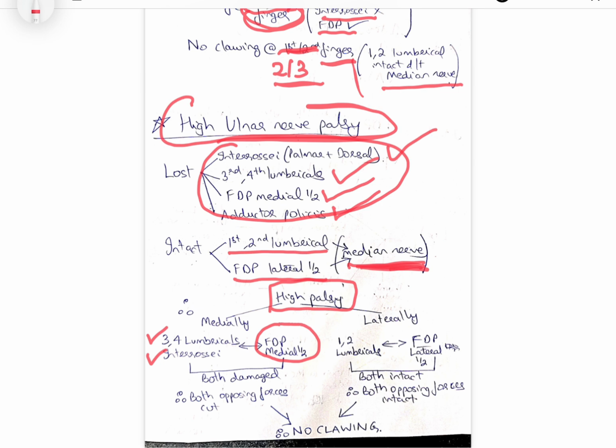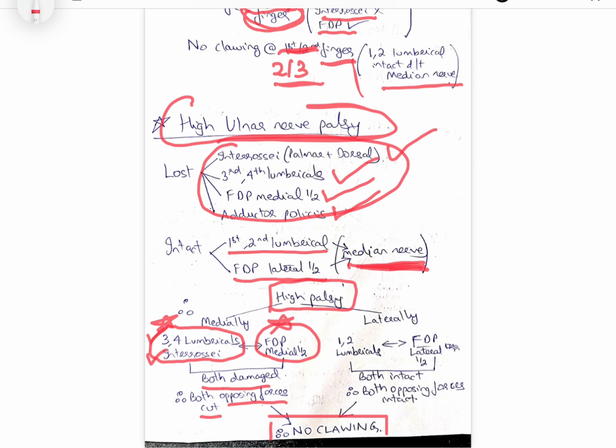Am I making sense? Okay, so both the counteracting forces, the one causing the clawing and the one which was inhibiting clawing, are gone, both are damaged. So both opposing forces are cut. So there is no clawing. Okay, there is no clawing.